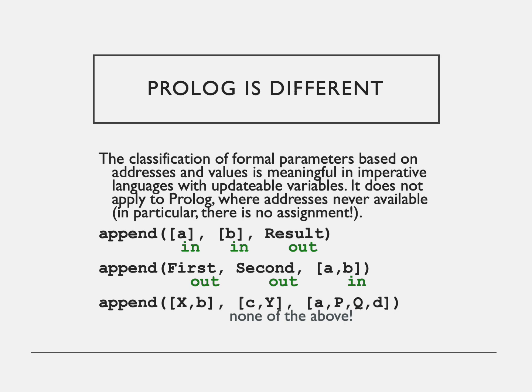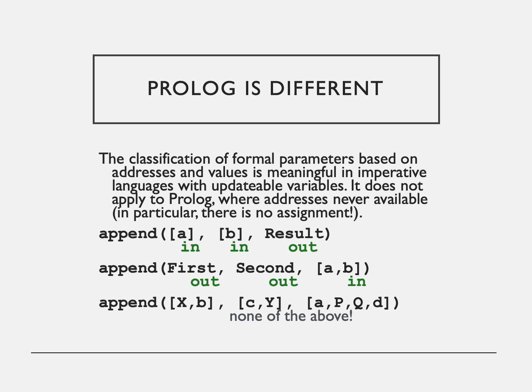For instance, we have the first one, append A, B, result. So here A and B are input lists and result is the output list, where the concatenated result is stored.